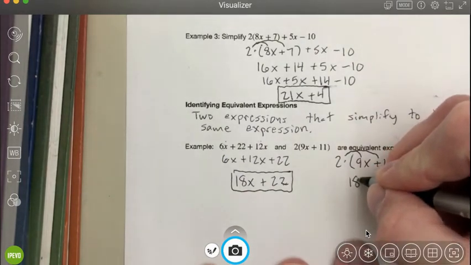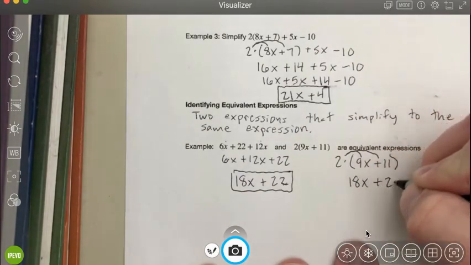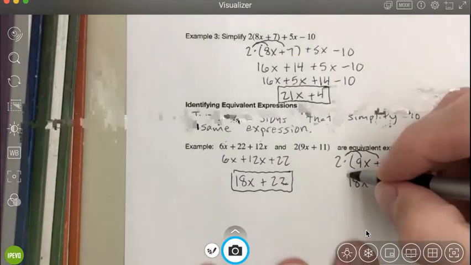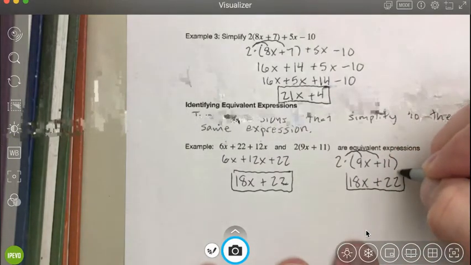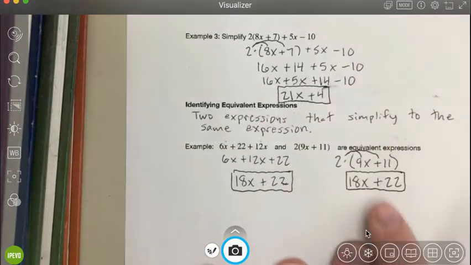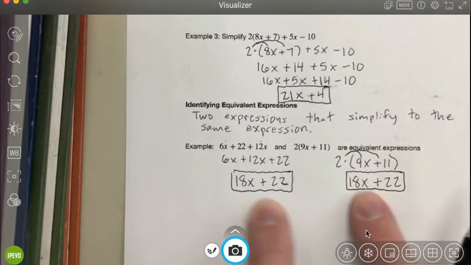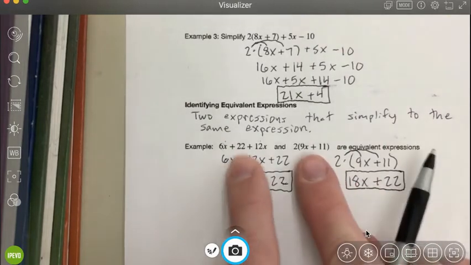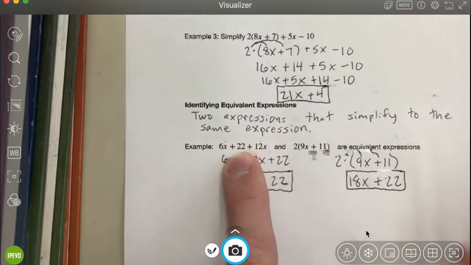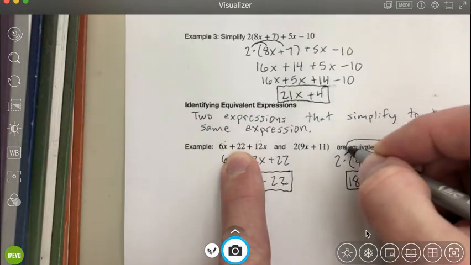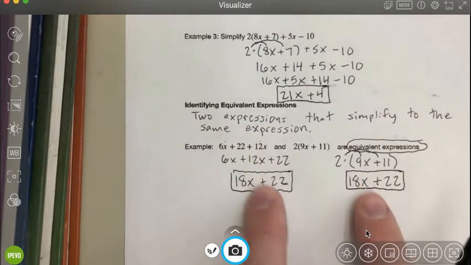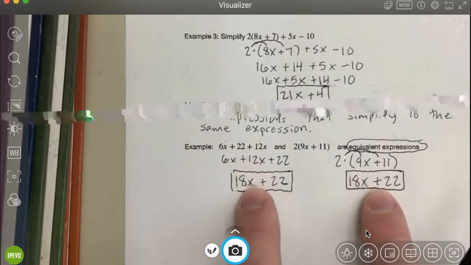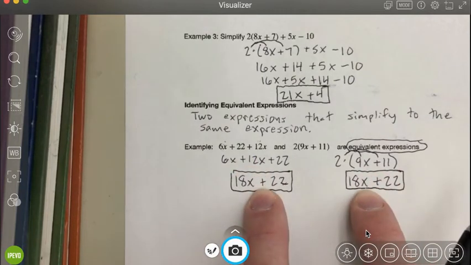That's going to give me 18x plus 22. All right, so notice how in both cases, they simplify to 18x plus 22. That's why I'm saying that these two original expressions are equivalent expressions. It's because they both, when simplified, result in the same exact final expression.